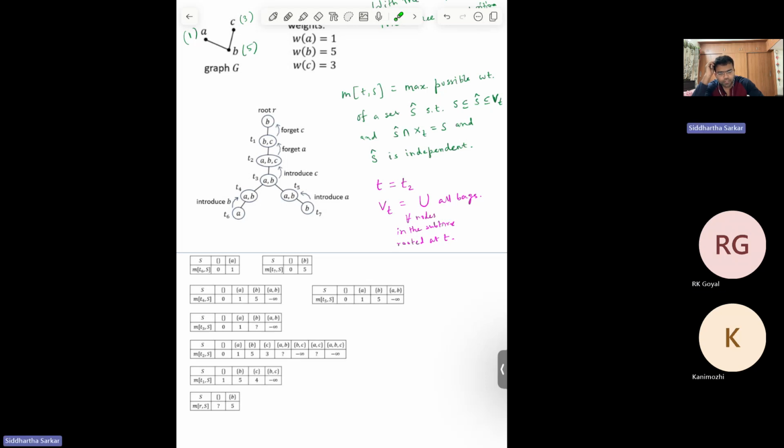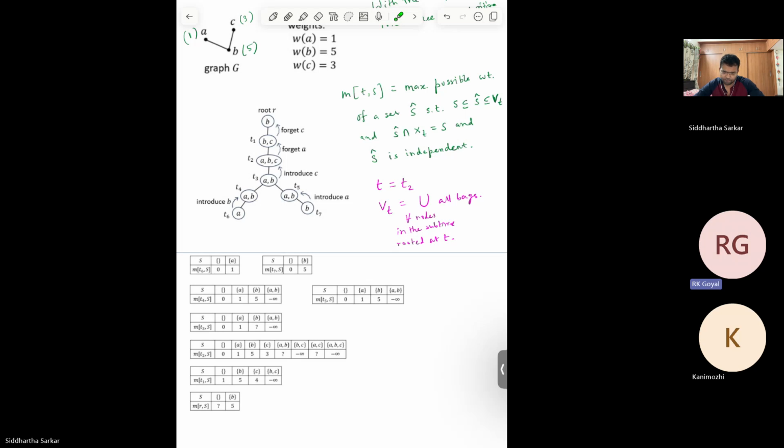So let me recheck it. So maximum possible weight of a set S cap such that S is a subset of S cap, which is a subset of VT, and S cap intersection XT is S, and S cap is independent. So the third component is also there. But then what would be the meaning of the intersection of S cap and XT becoming equal to S if XT itself is S only?